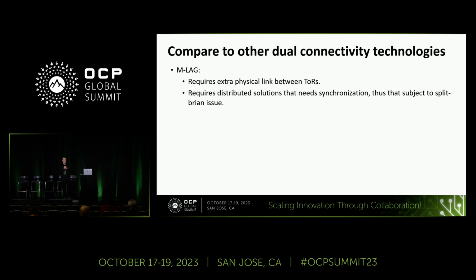One of them is that you require the peer link to exist, and there are cases where the ToRs go out of sync, et cetera. There are split-brain situations that are really hard to detect and to recover from. That's why we decided to work on our own active-active dual uplink topologies for SONiC.